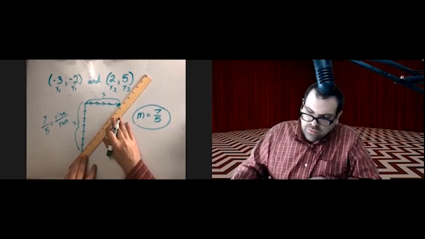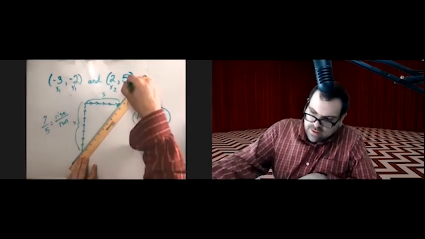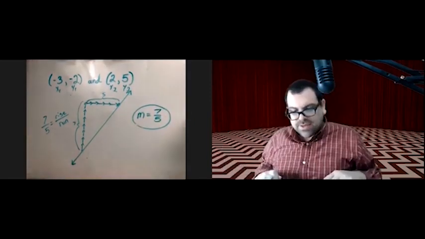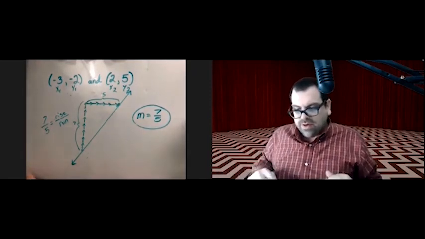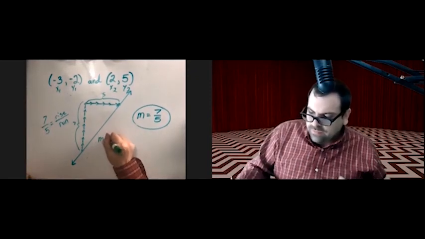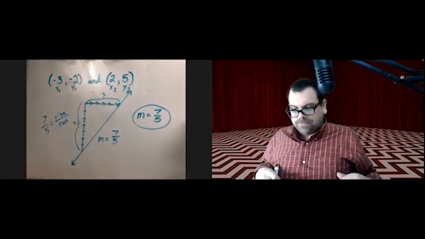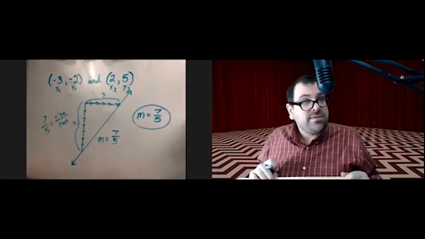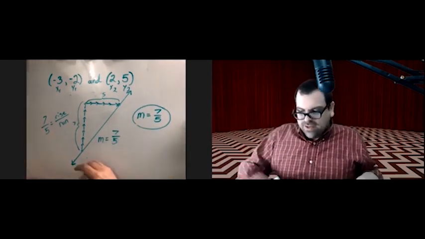This is what a slope literally means. Points on the line are separated by a rise of 7 and a run of 5. Rise over run. Notice this is a positive 7/5. And what does our line look like?